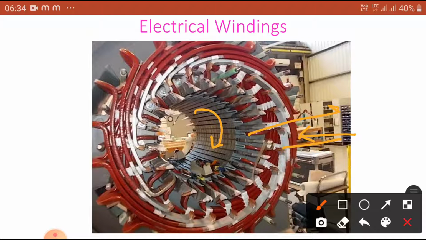Last class we discussed different types of slots and different types of conductors used in our armature windings. Let us recollect what we have seen in previous classes.